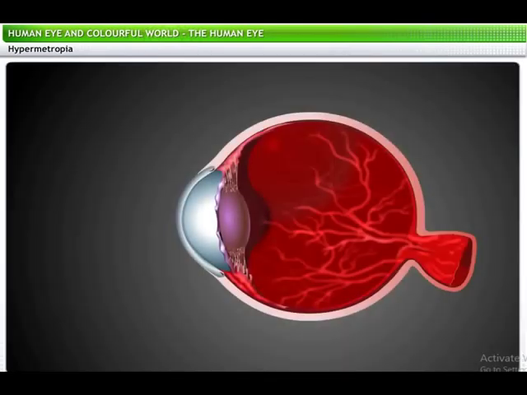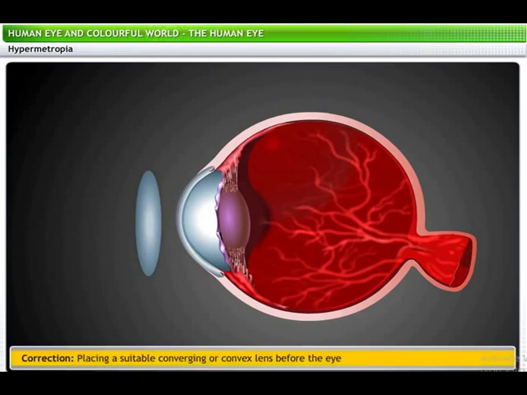Like myopia, hypermetropia can be corrected by placing a suitable lens in the line of sight. However, in this case, you'd use a convex lens instead of a concave lens. When this is done, the parallel beam of light reflected from a nearby object is first converged by the convex lens, and then by the eye lens to focus on the surface of the retina.